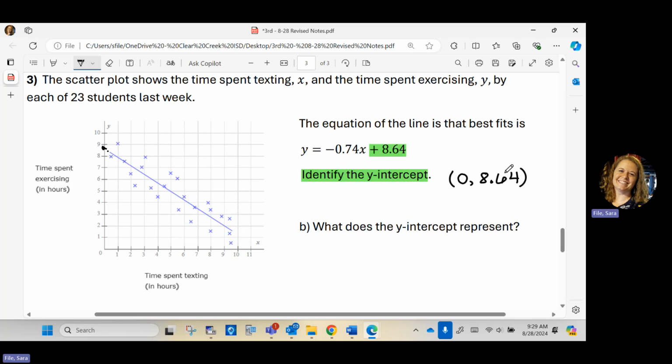So the y-intercept is telling us the y value, which is time spent exercising, when x, which is time spent texting, is 0.